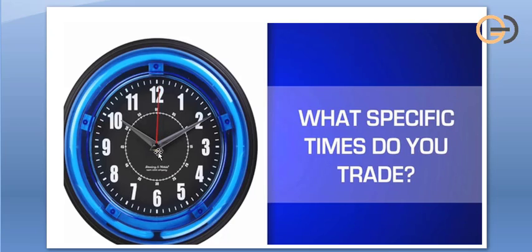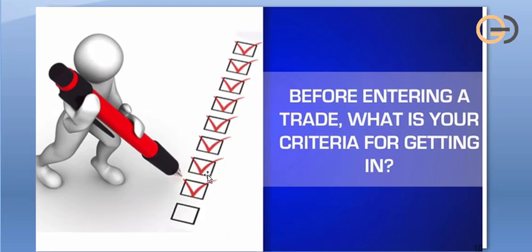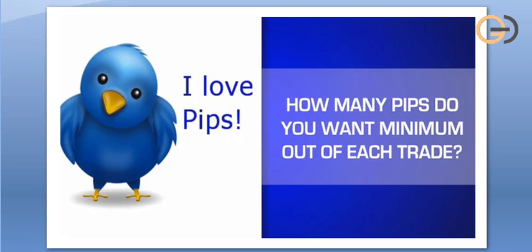When do you want to trade, or when do you like to trade? Because you need to answer these questions in order to develop a good, clear trading plan. So before you enter the trade, what is your criteria for getting in? You need to know how to enter the trade, and you need to know the reasons you are entering the trade, the criteria that must be met before you enter the trade.